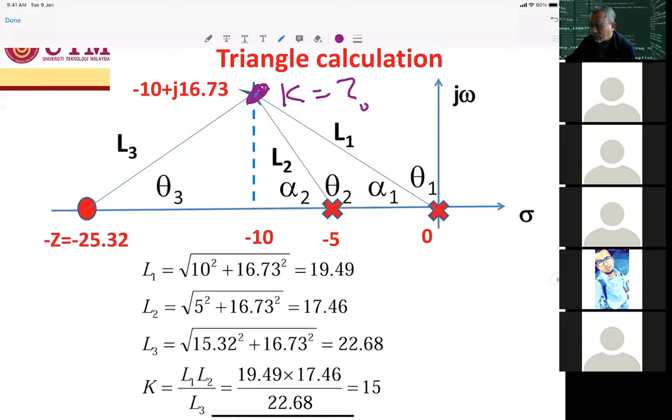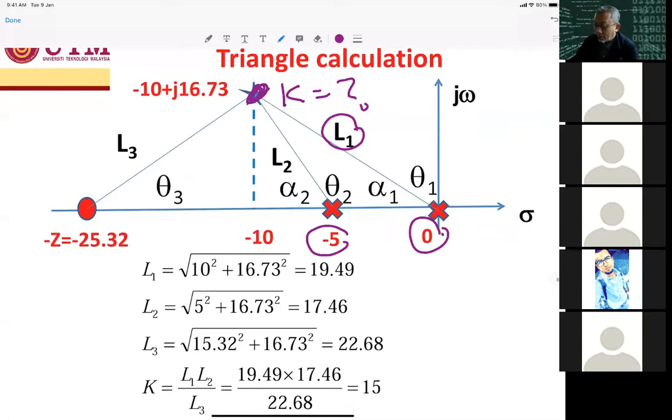So you use the notation L1 as the length between the test point and the open loop pole at zero. L2 is the length between the test point and the open loop pole at minus 5. And L3 is the length between the test point and the new zero at minus 25.32.